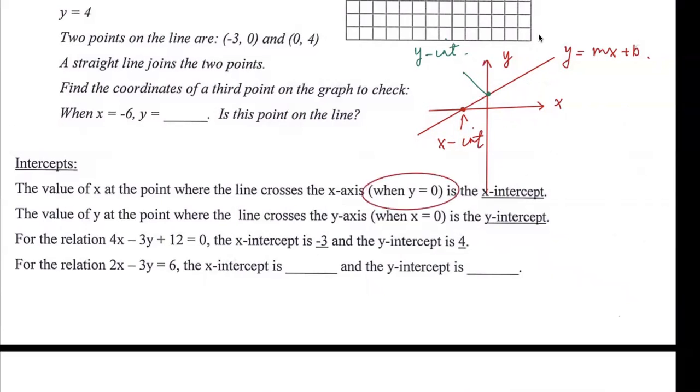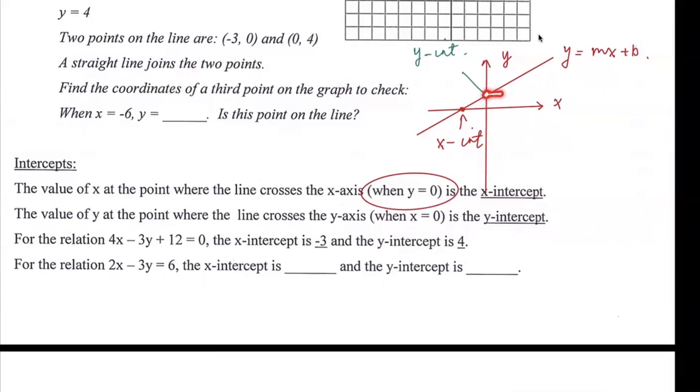With the same logic, for the y-intercept, this is a point where the straight line and the y-axis intersect. On this point, there's no horizontal value, there's no x value. So for the y-intercept, x is equal to 0.